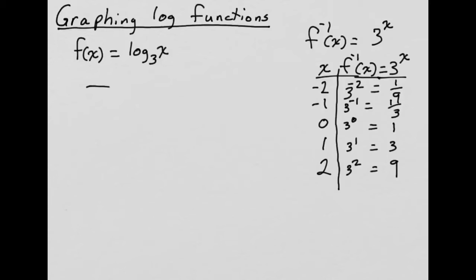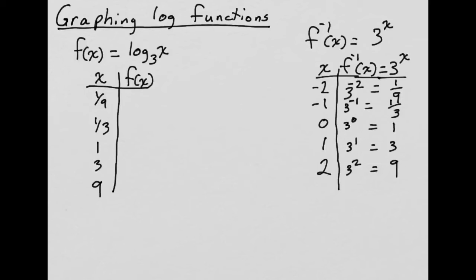Next, what we do through the magic of inverses, the values that are in the y column for f inverse are going to become the x column for f of x. So I'll rewrite all of those. 1/9, 1/3, 1, 3, and 9.